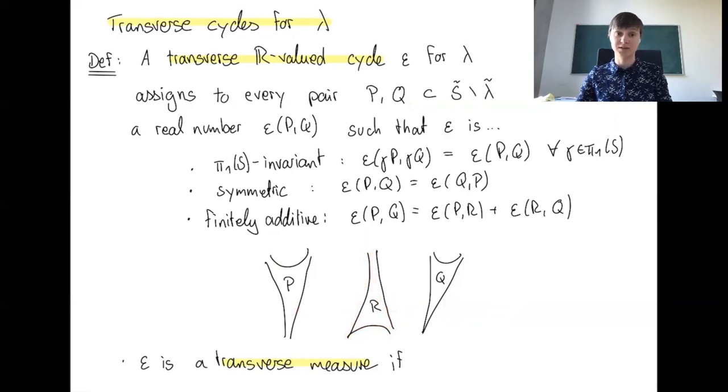And so this is a transverse R-valued cycle, and it's called a transverse measure if ε(P, Q) is non-negative for all P and Q.